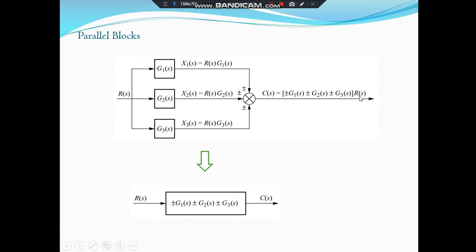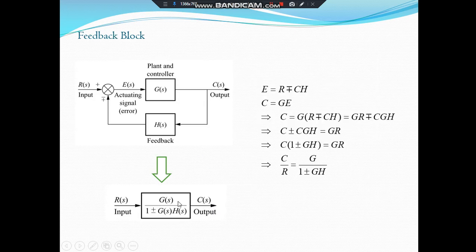So we can represent this parallel block diagram by a single block, whose input is R of S and output is C of S, with this transfer function.